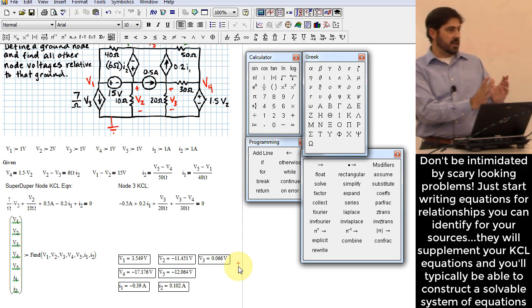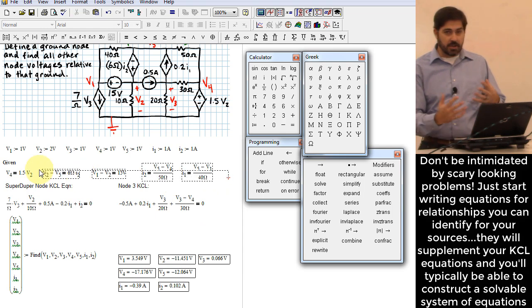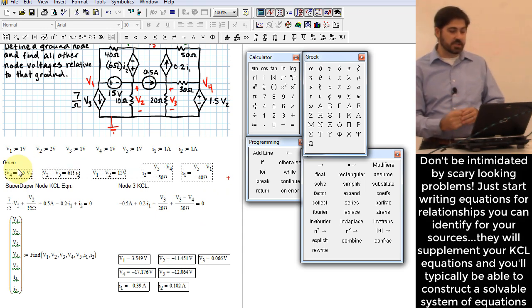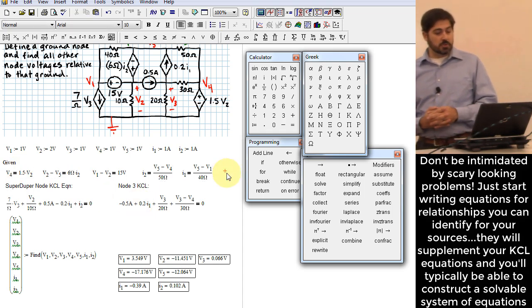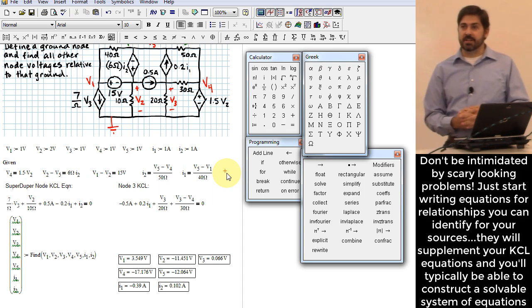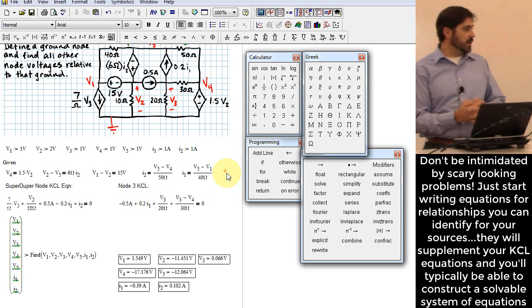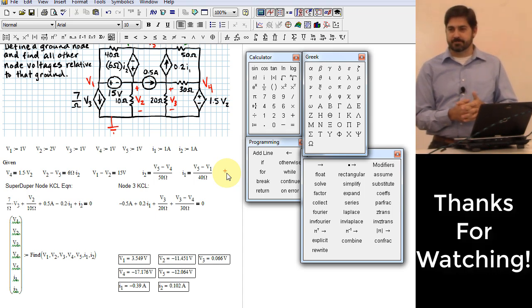So what do you do instead? You bring in these extra relationships that are defined with either independent or dependent sources. Those will typically come in and fill in the gaps and allow you to find not only the variables that you were asked for, but sometimes you find some extra ones along the way as well. You like that?